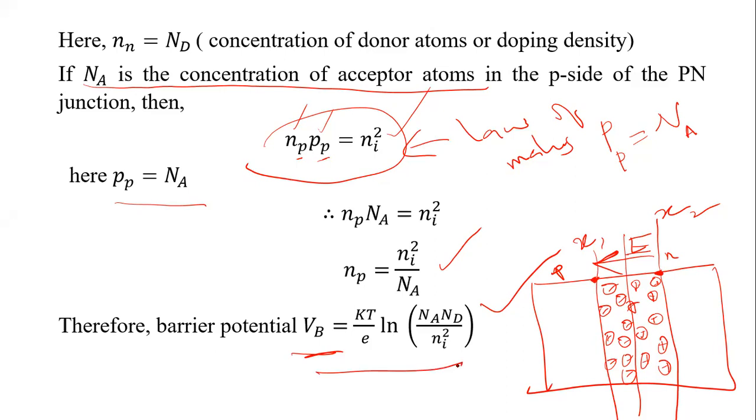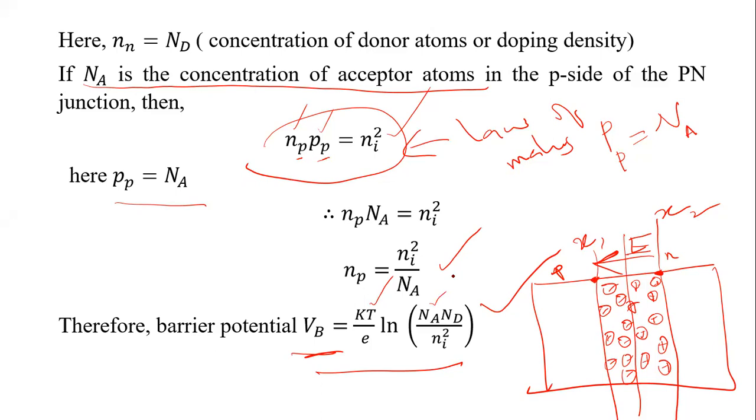So the potential barrier across this p-n junction is dependent on temperature. If the temperature increases, the potential barrier increases, and also it's dependent on your acceptor atoms.